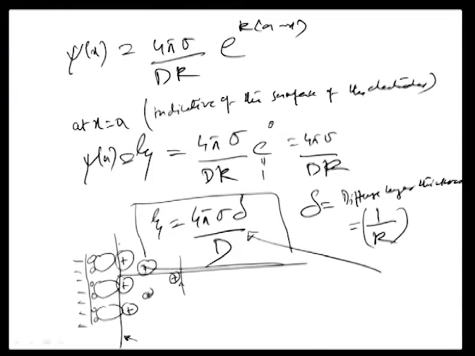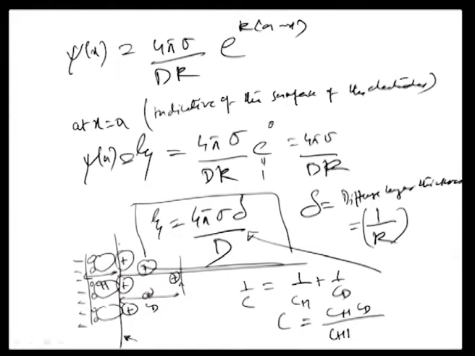If the capacitance here is the capacitance of the Helmholtz layer CH and here is CD, the overall capacitance which would come into existence is 1 by CH plus 1 by CD, or in other words, C can be represented as CH CD by CH plus CD.